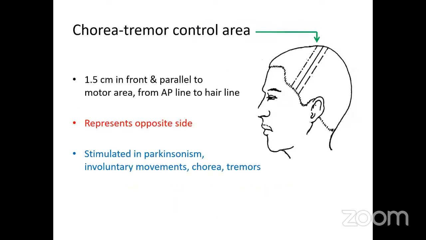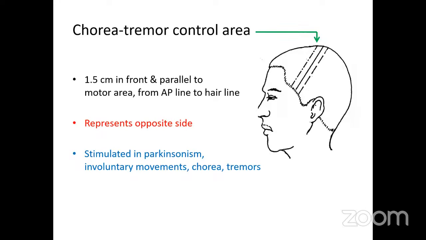Then there is a tremor area. Tremor area lies anterior to the motor area. Tremors of any cause, be it chorea, athetosis, could be even alcoholic tremors or Parkinsonism, any kind of tremors, this area can be stimulated, and this area lies 1.5 centimeters in front and parallel to the motor area. Sensory area was 1 centimeter behind.